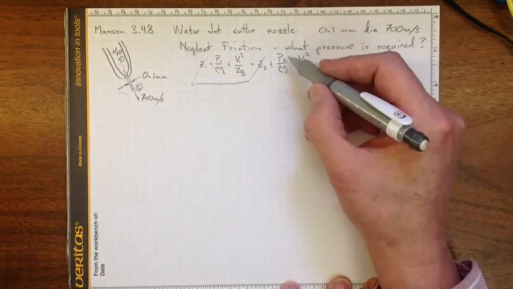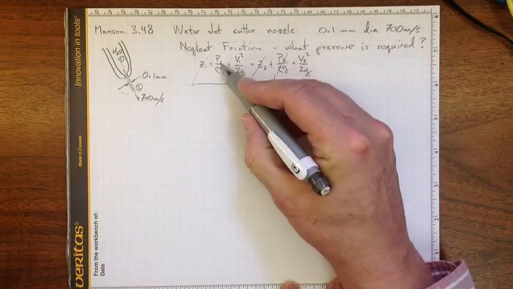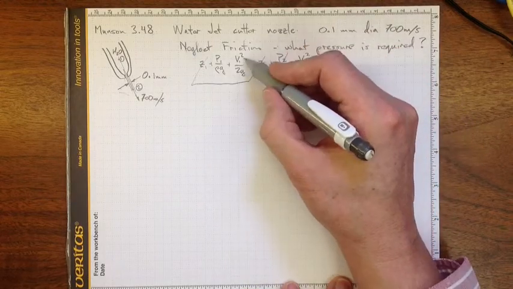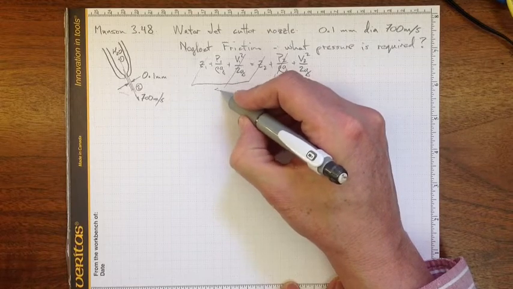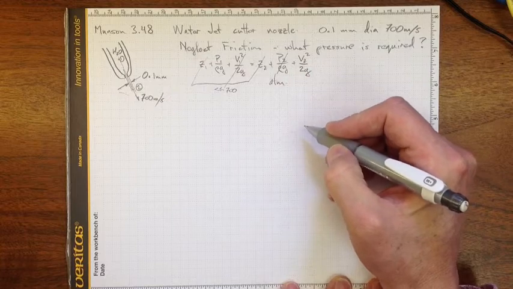And the pressure at location 2 is atmospheric, so we're interested in how much bigger the pressure at 1 is than atmospheric pressure. The velocity at 1 is much less than 700 meters per second.